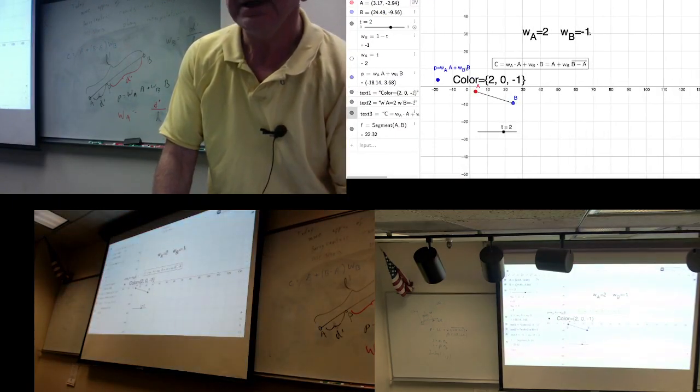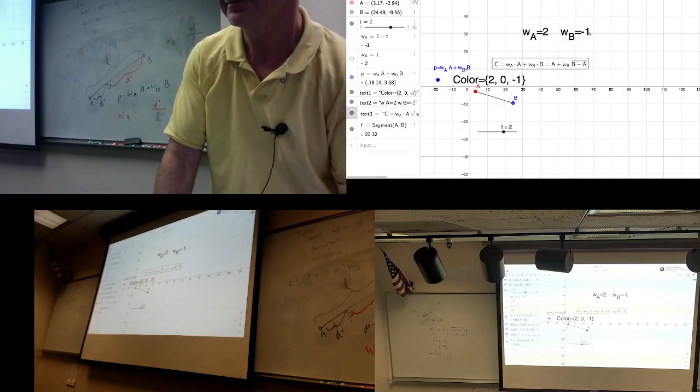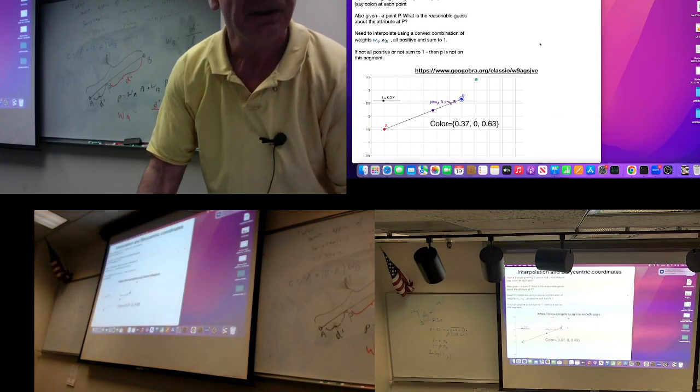So it's also a way to find if a point lies on the segment or not when I know that it's on the line. All these terms create a convex combination.